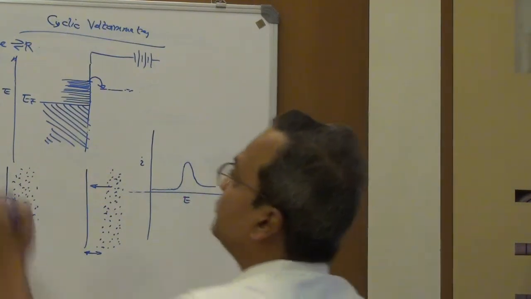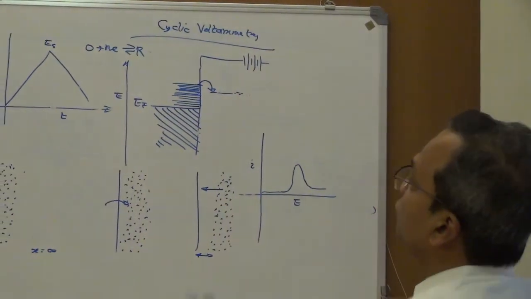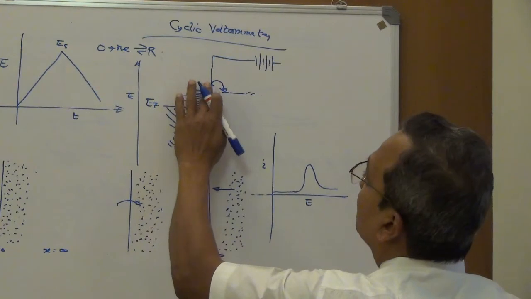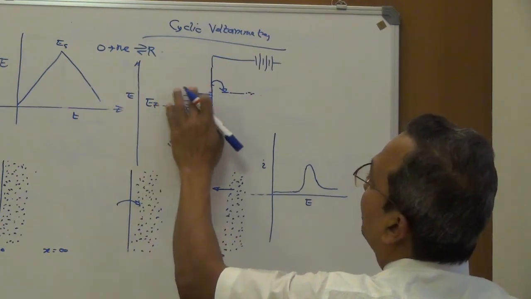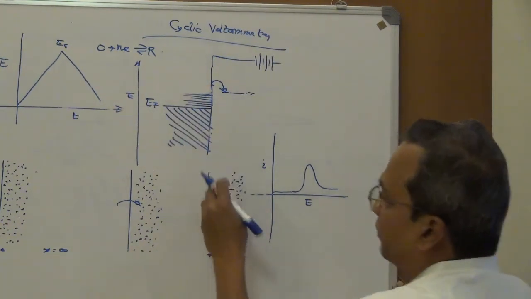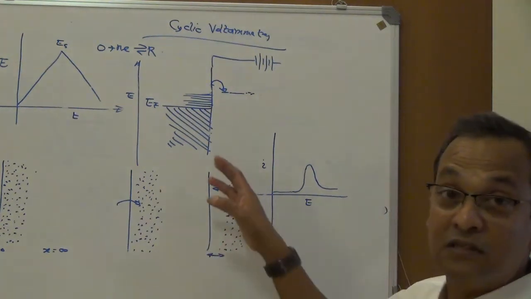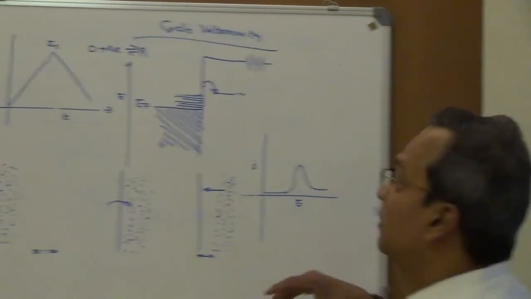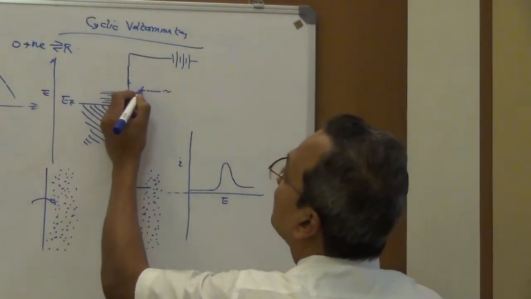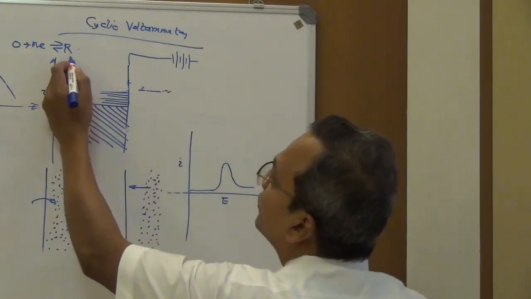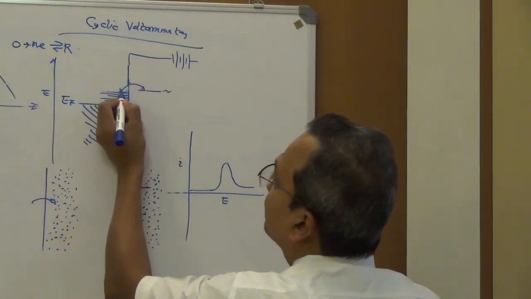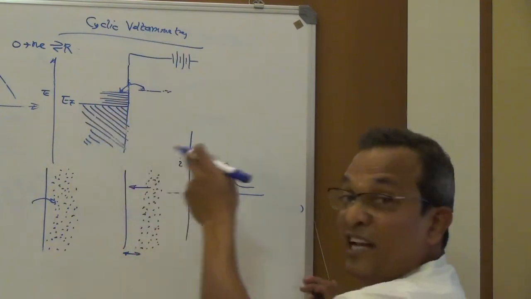If you reverse the potential after the switching potential, you are now decreasing the potential, and at a certain point O is now formed near the electrode-electrolyte interface. Exactly the reverse thing will happen: now R is getting converted into O, because the electron will see lower energy on the electrode side.